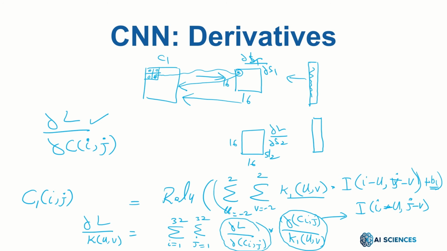Here I have sketched certain things that will lead you toward a better understanding of how backpropagation works in convolutional neural networks. So I also recommend you go to AI Sciences and enroll in our full course on convolutional neural networks, where we explain all these things in detail, step by step, as well as have live coding in NumPy.